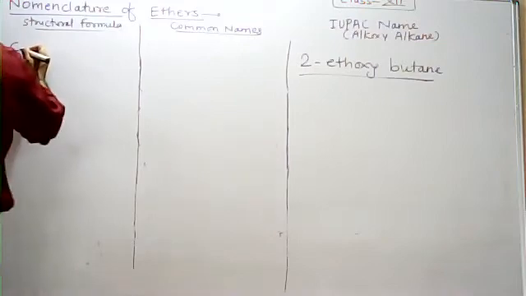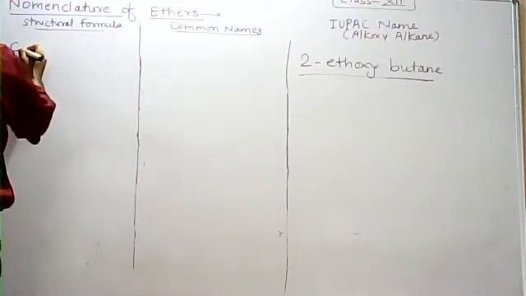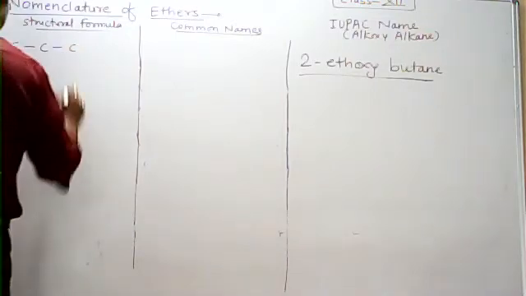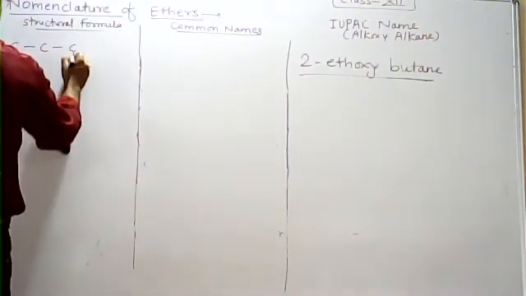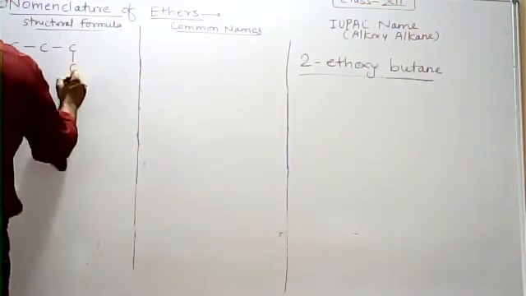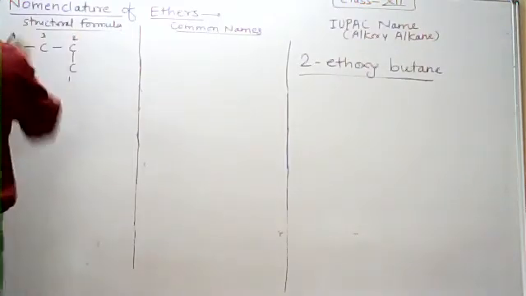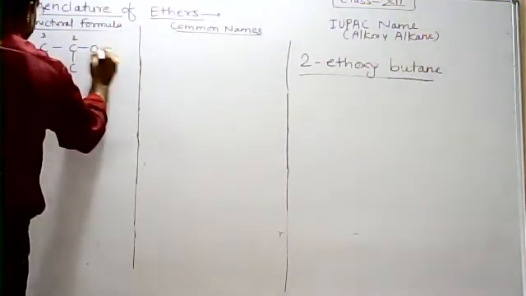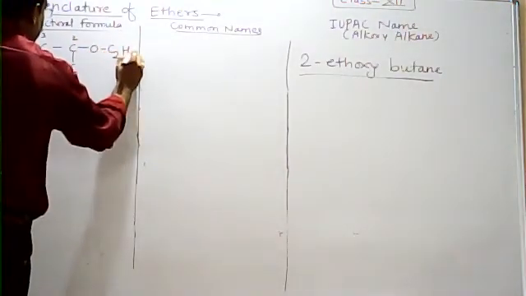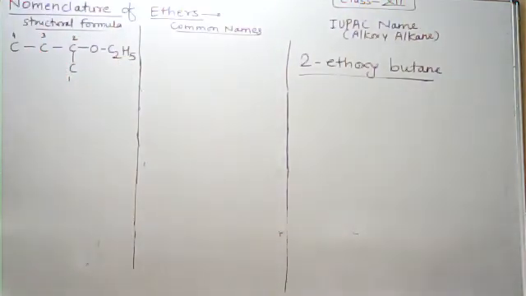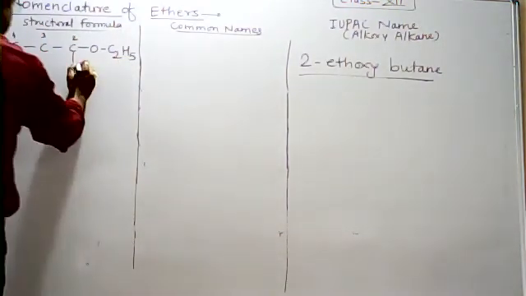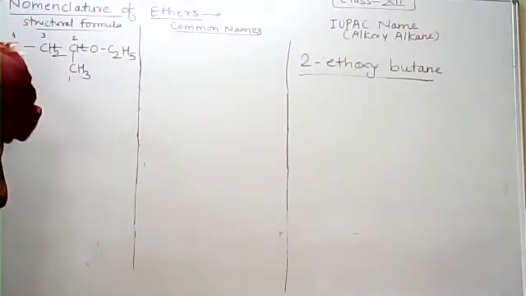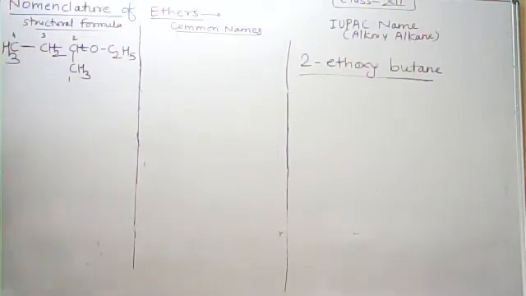2-ethoxy, and butane: 1, 2, 3, 4, 4 carbon. This is CH3, this is CH, this is CH2, this is CH3.